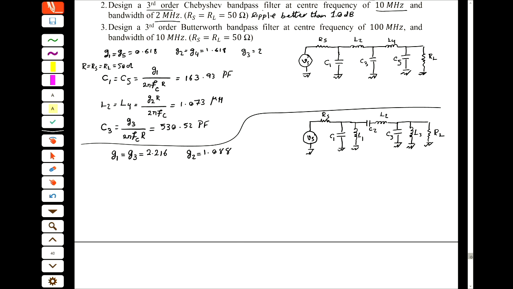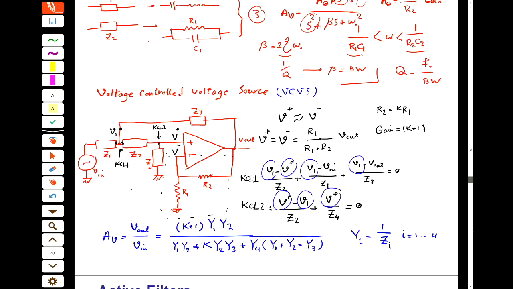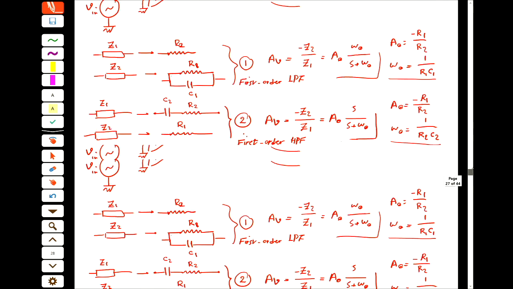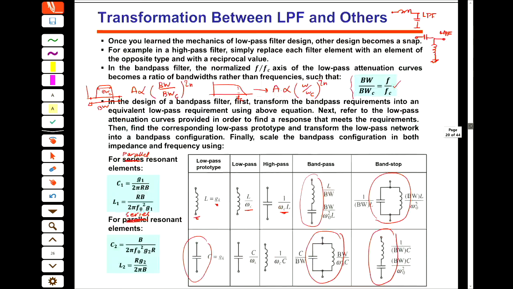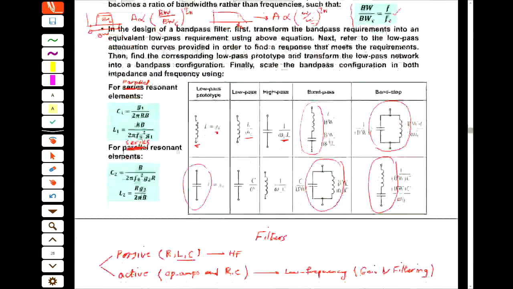And then we are following the formulas for the bandpass filter. So for the bandpass filter, these are the formulas. For the parallel components, we have to follow these, and then for the series components, we have to follow these formulas.